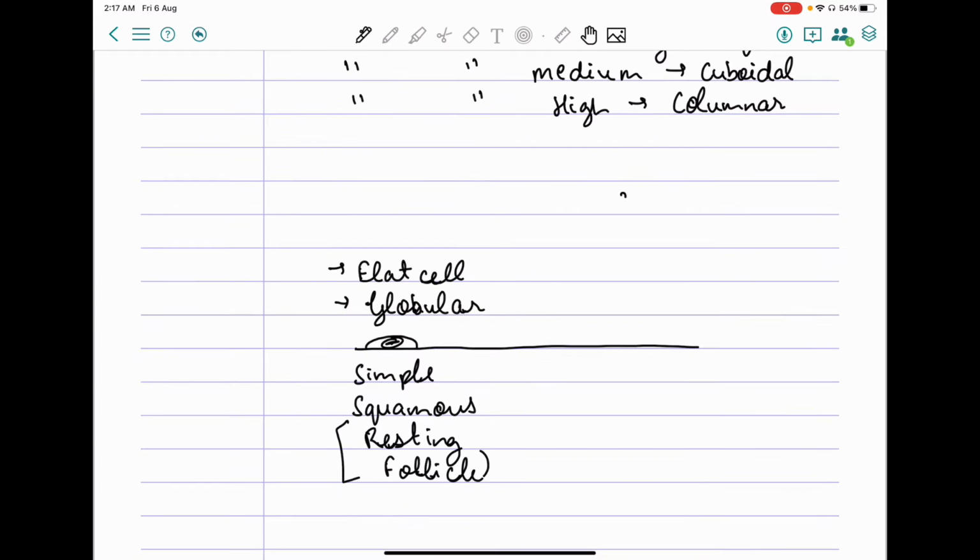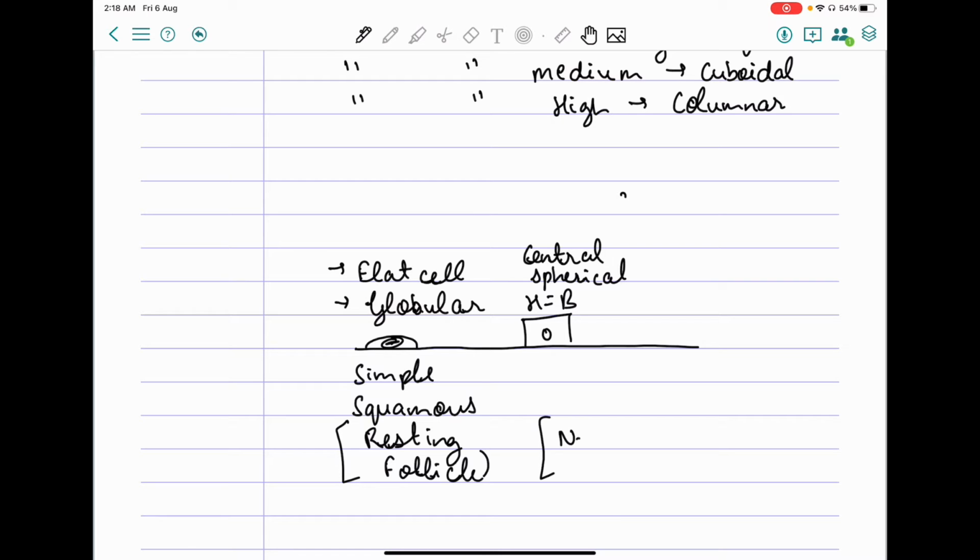Let's move to the next one, that is cuboidal. In cuboidal, I told you height is equal to breadth. And what about its nucleus? It is central spherical. What will be its secretion, or you can say follicle?